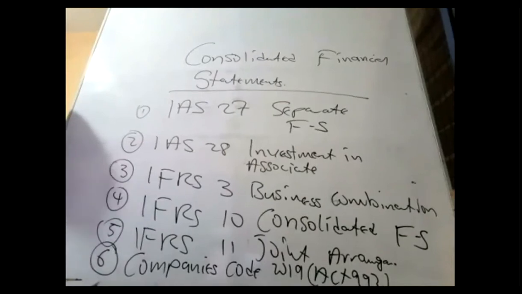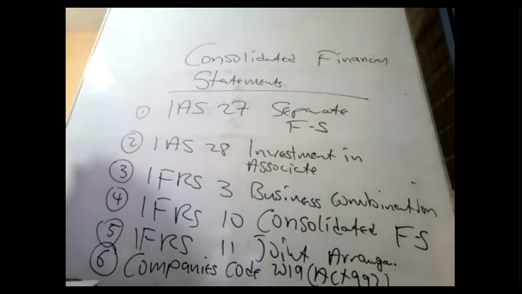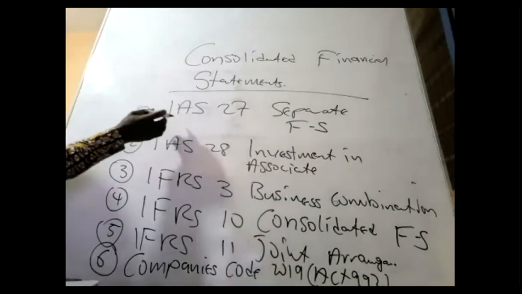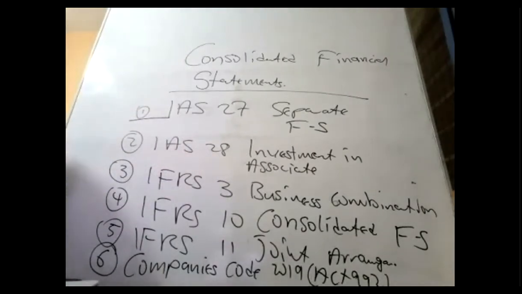You see, consolidation has a lot of issues. Each and every standard has its role. For instance, IAS 27 is saying that you should prepare your financial statements separately. Then IAS 28 says that if you have an investment in the form of associates, it gives you the accounting treatment.